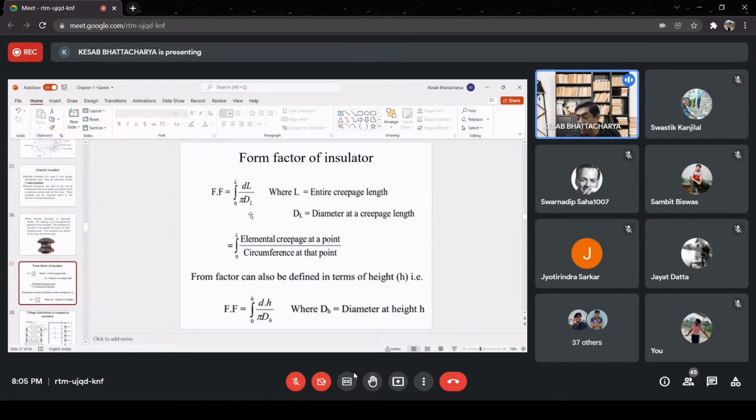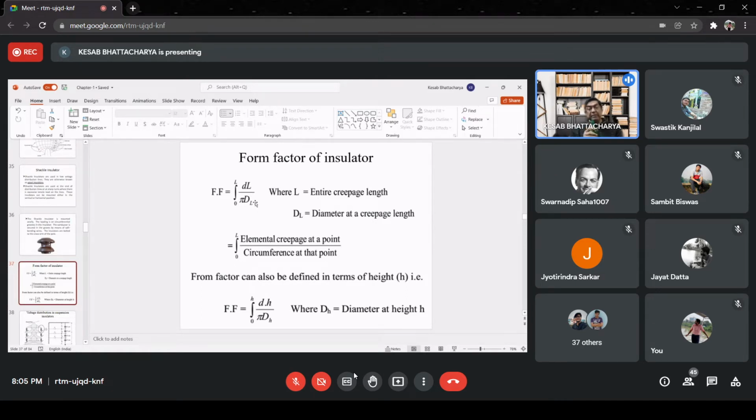Then pi dl will give you what? What is pi dl then? Circumference. Yes. The elemental creepage at a point, that is dl, to that of the circumference at that particular point, the integration of which over the entire creepage length gives you the form factor. That is one way.